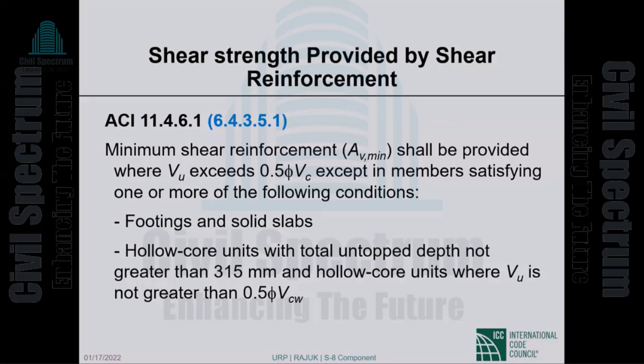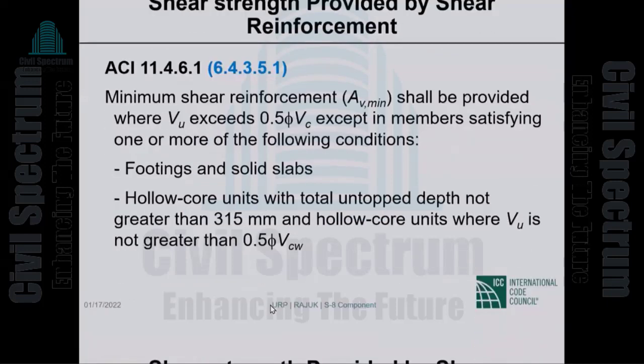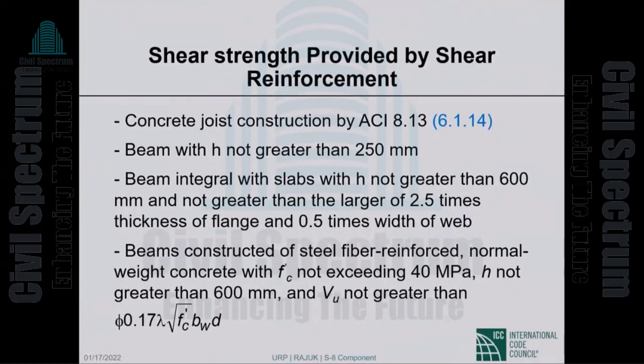Footings and solid slabs, hollow core units with total untopped depth not greater than 315 millimeters, and hollow core units with V sub u no greater than 0.5 phi V sub cw. Anyway, this list I don't have to dwell on.